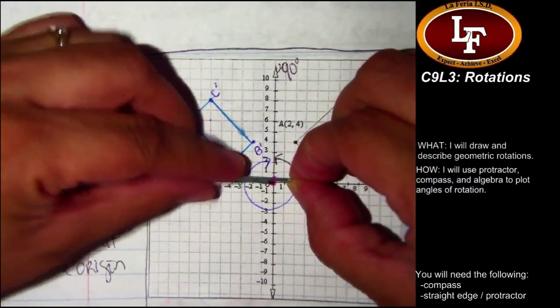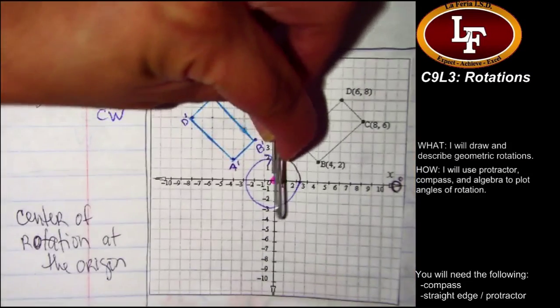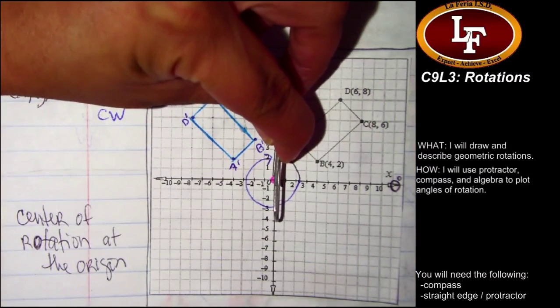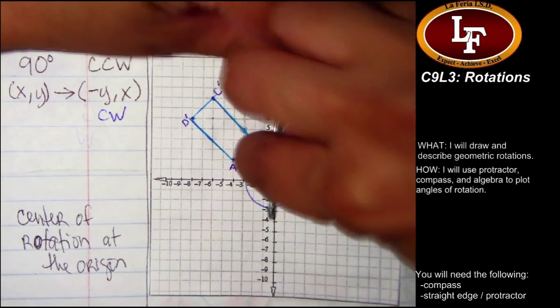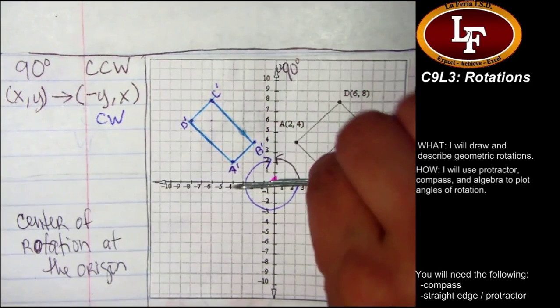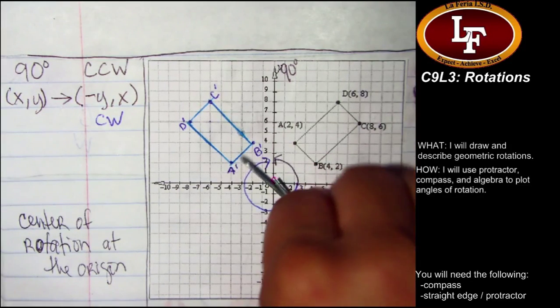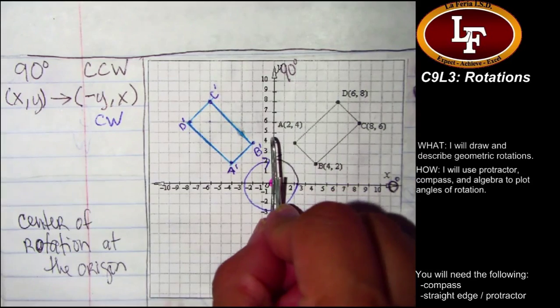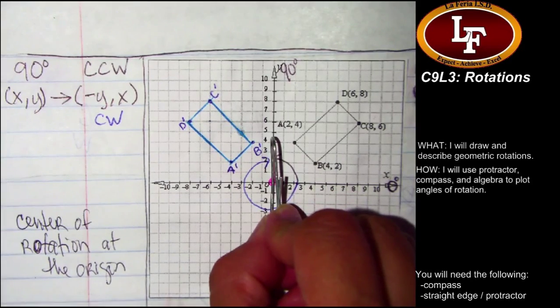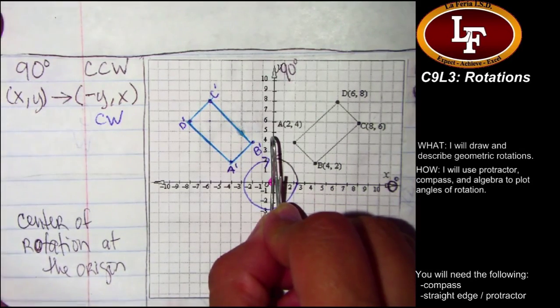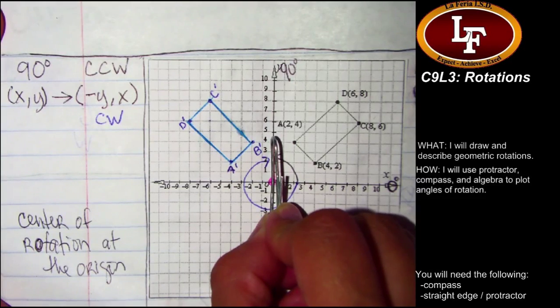So if I spin this way, how far have I gone? I've gone 90. Okay? And then I'm going to keep spinning, and now how far have I gone? I've got another 90, so a total of 180. And I'm going to go this far, so how much further? Another 90. So 180 plus 90 is 270.